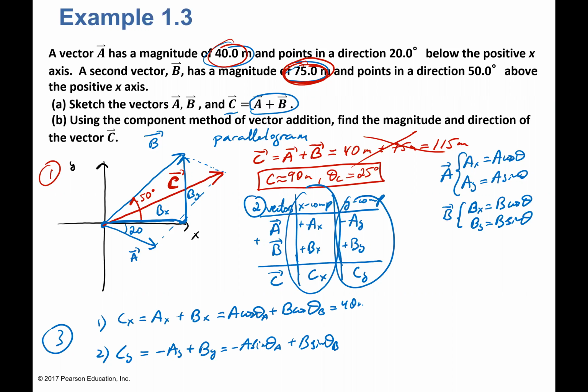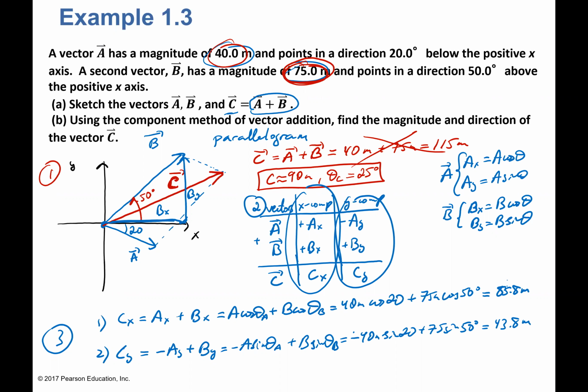So 40 meters cosine of 20 plus 75 meters cosine of 50 degrees. If I do this, I'm going to get 85.8 meters. If I do negative 40 meters sine of 20 plus 75 sine of 50, then I'm going to get 43.8 meters.